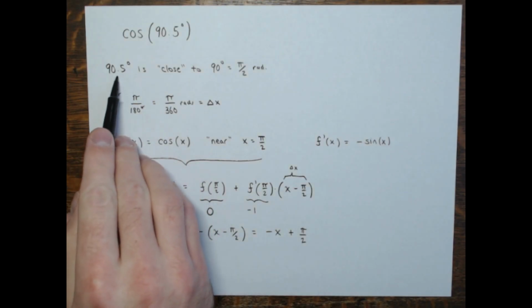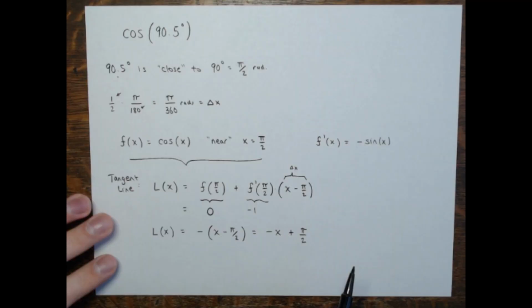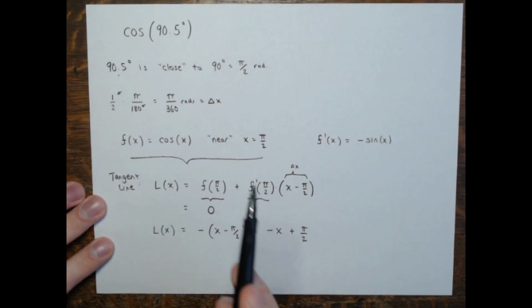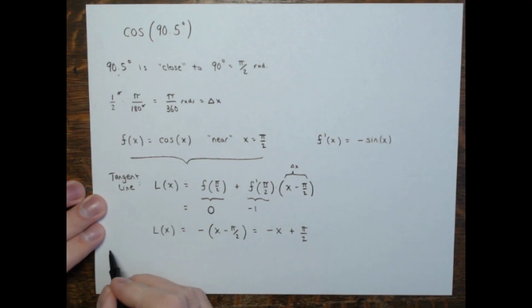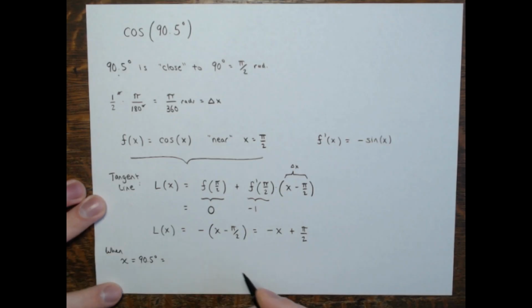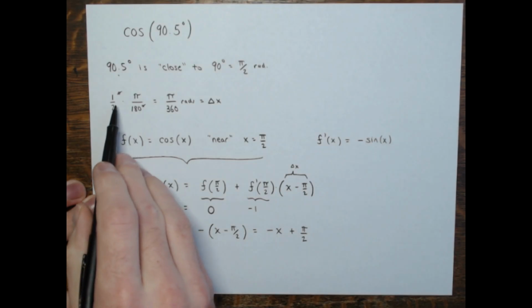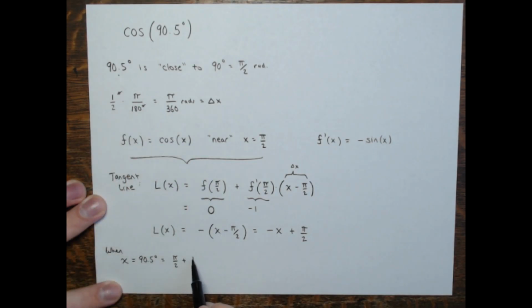And then when we go to our 90.5 degrees, right? So when x equals 90.5 degrees, which if I change that to radians, that's pi over 2 plus, again, pi over 2 is 90 degrees, plus that half degree, and half degree was this pi over 360 radians.